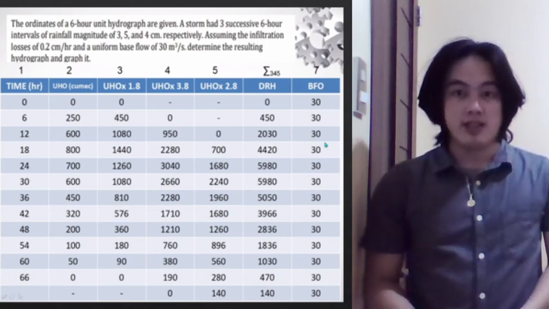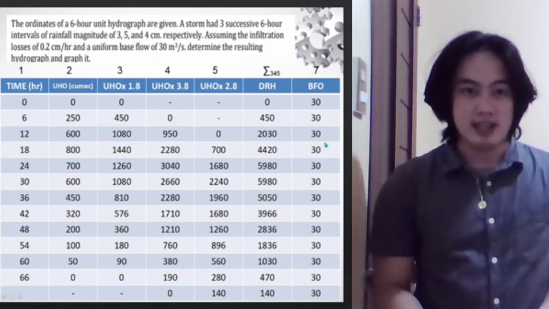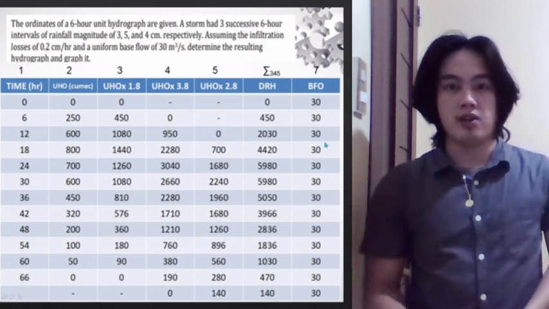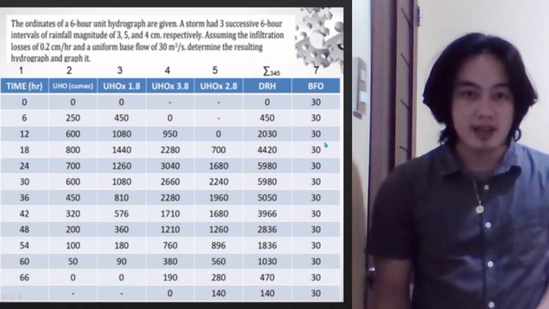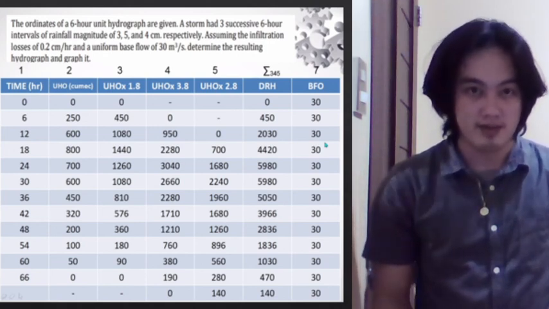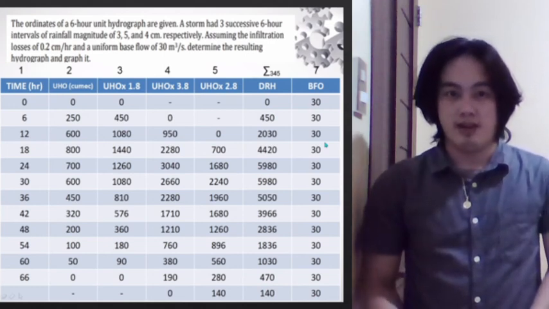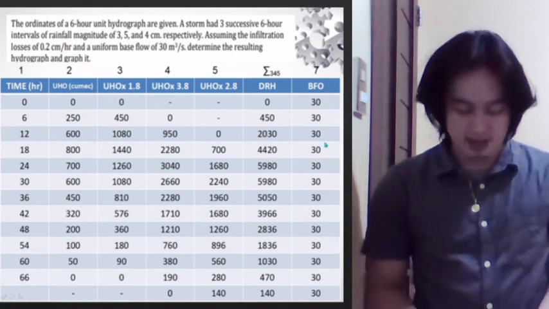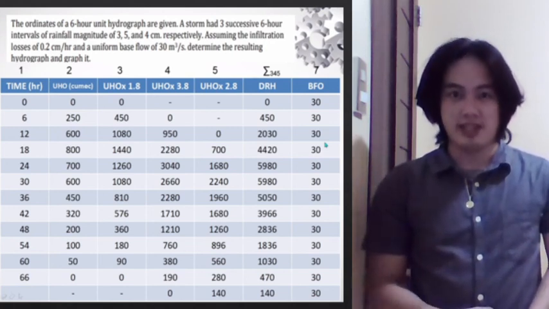We just continue multiplying the same way. In getting the DRH, we just add. Add 450 plus 0, and 1080 plus 950, so 2030. So we add them.